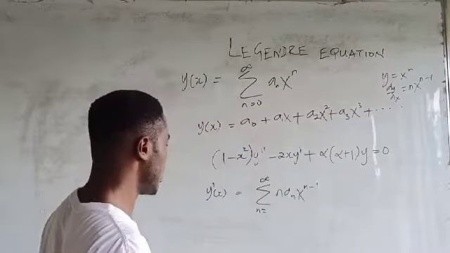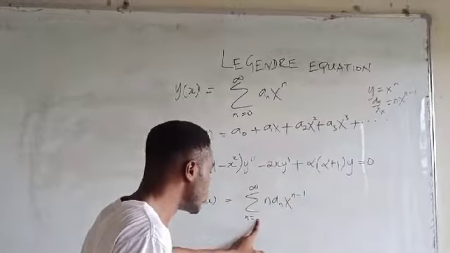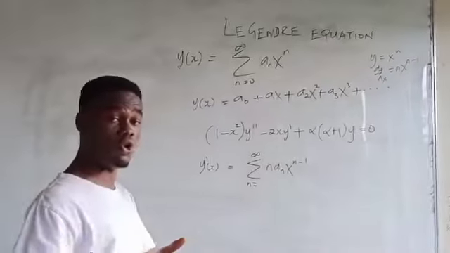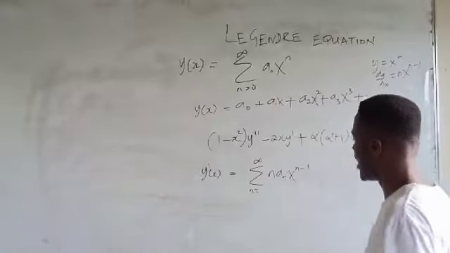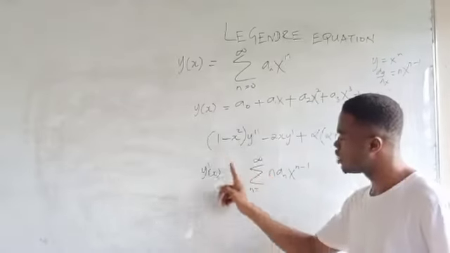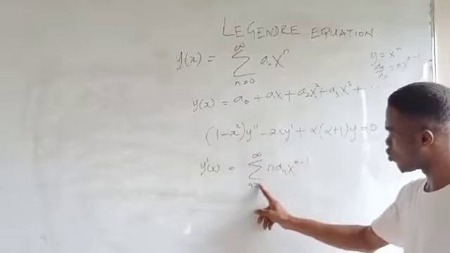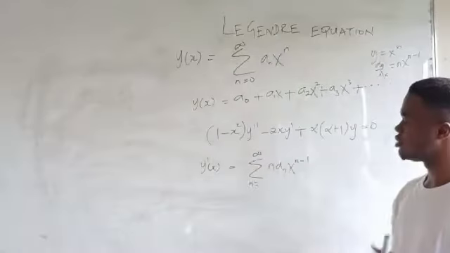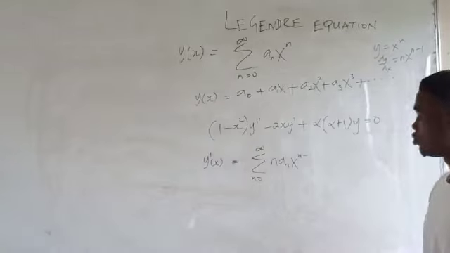So our question now lies on where the limit is going to start from. Is it going to start from 0 or from 1? I want to note that in the Legendre equation, whenever you differentiate with the first differential, your n must also increase to 1. Whenever you differentiate to the second differential, your n must also increase to 2.